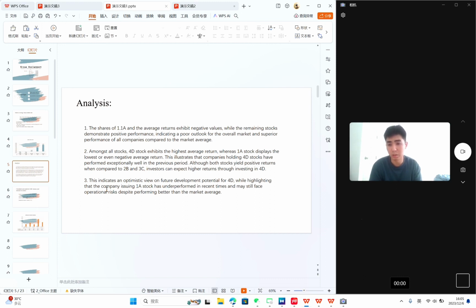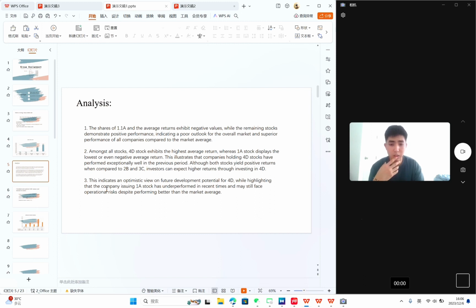And the second is that among all stocks, 4D stock exhibits the highest average return, whereas 1A stock displays the lowest or even negative average return.